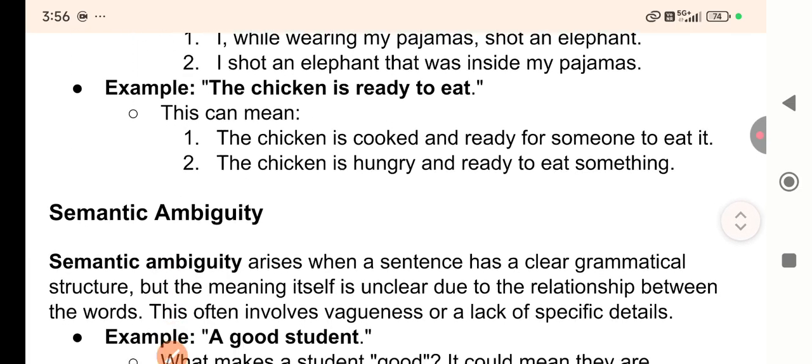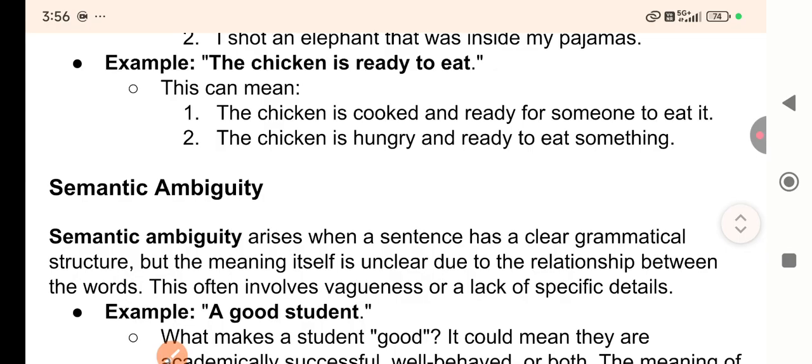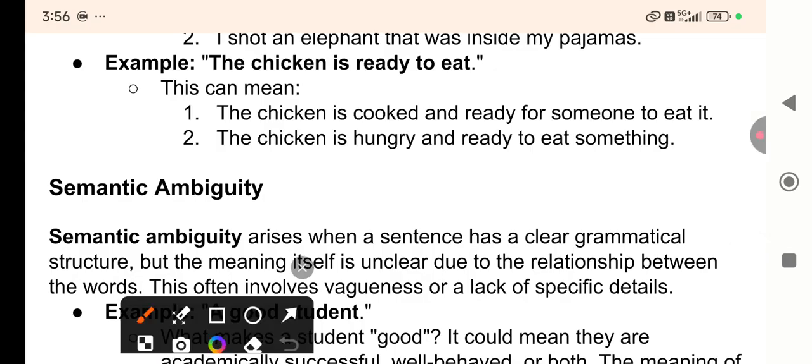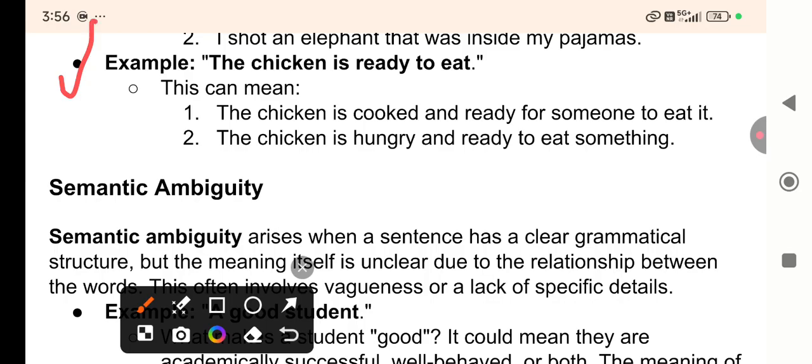Number two example: the chicken is ready to eat. This is a very good example, and many a time this example is used for ambiguities. The chicken is ready to eat. There are two meanings actually.